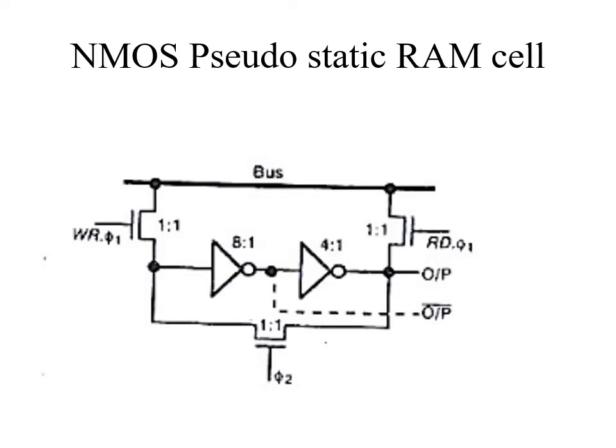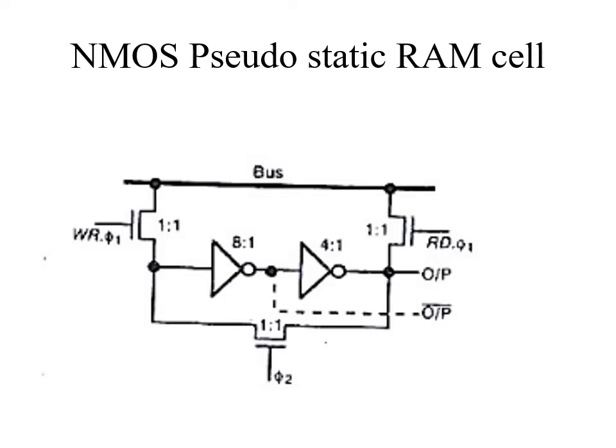Reading means you will be fetching from the inverter and it will be put into the bus. For performing the read operation, the control input read into phi 1 has to be 1. When it is 1, the transistor turns on and the non-complementary output is passed into the bus.